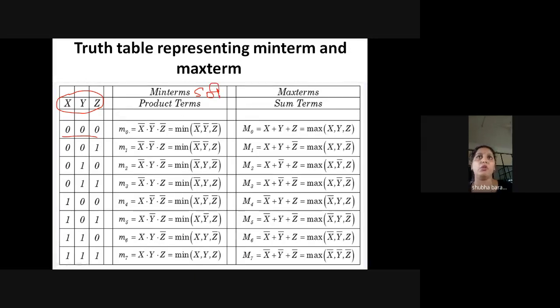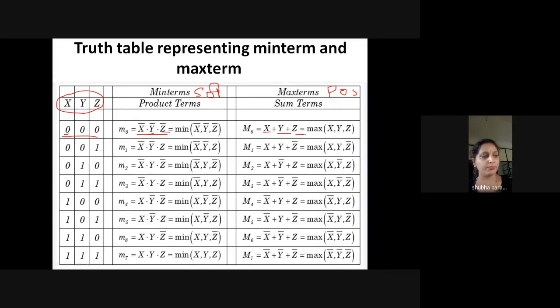We write m0 equals x bar, y bar and z bar. Whereas when we express it as product of sums form, the max term form, we write it as x, y, z.